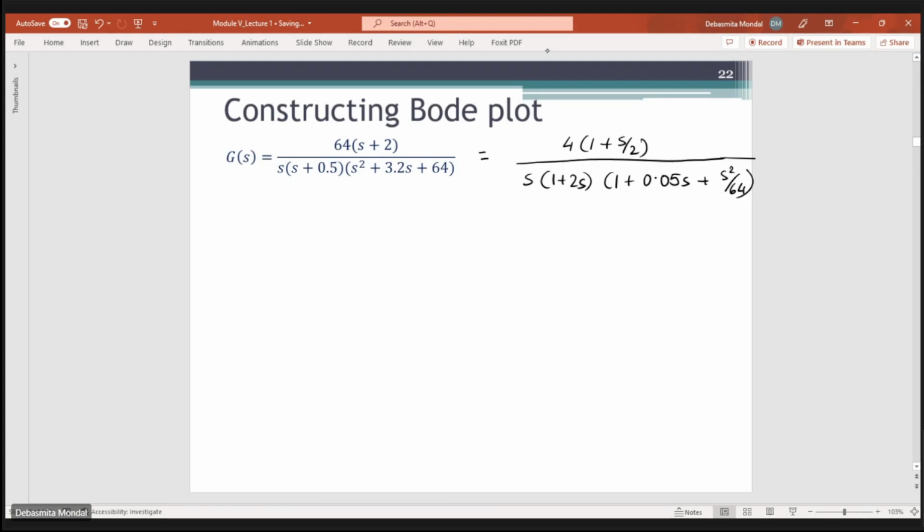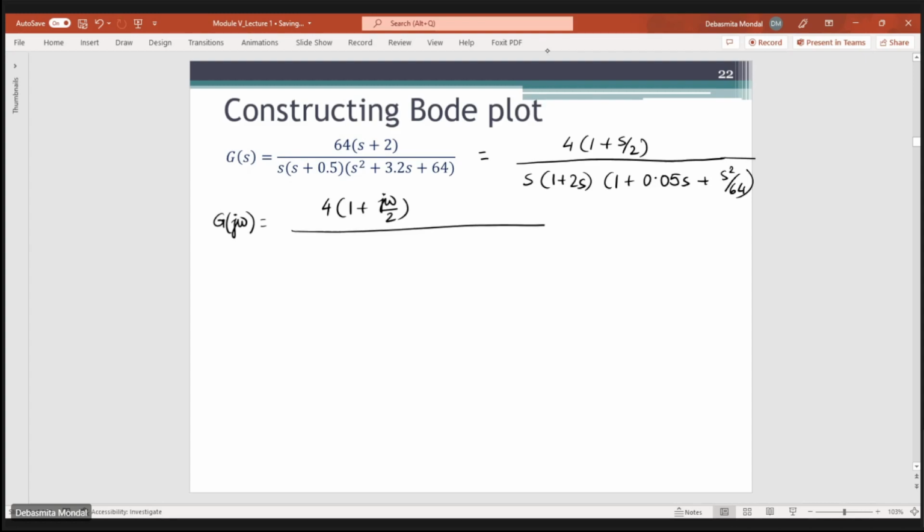So instead of s plus 2, you have to express it as 1 plus s by some factor. From here you can write the value of G(j omega) by simply substituting j omega by 2.